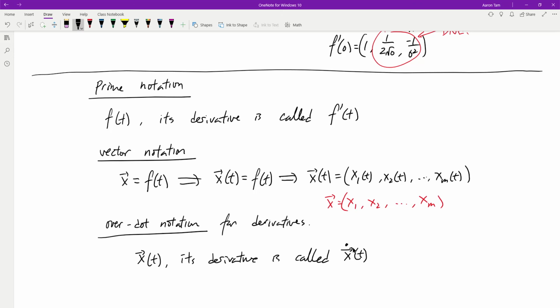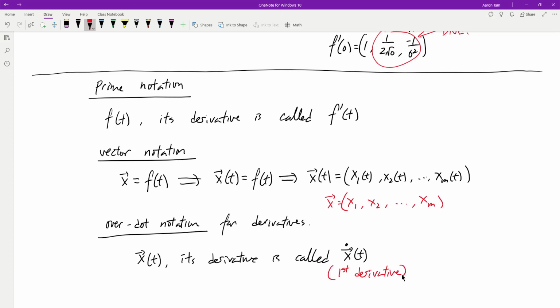And this single dot on top indicates this is a first derivative because they have one single dot on top.